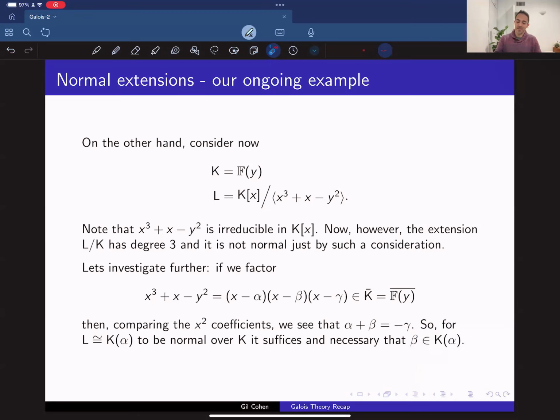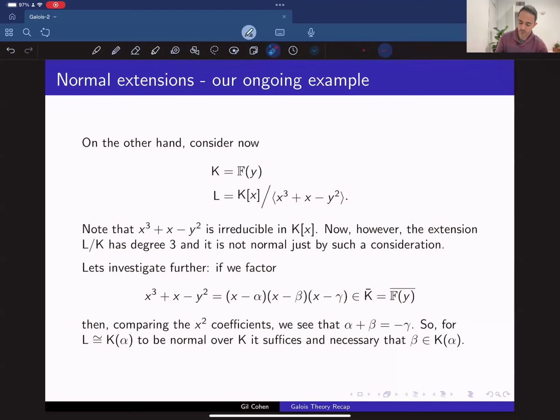And if it is, then beta already appears in K(alpha), and therefore, because of that relation between gamma, alpha, and beta, also gamma. So if beta is contained in K(alpha), then it's a normal extension because beta and therefore also gamma is in K(alpha), which is isomorphic to L. And if beta is not in K(alpha), then it's impossible that this will be a normal extension because you are missing a root.